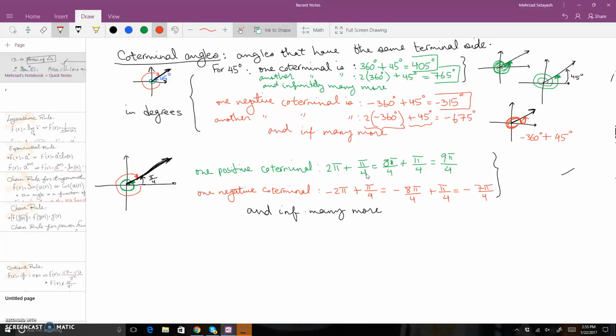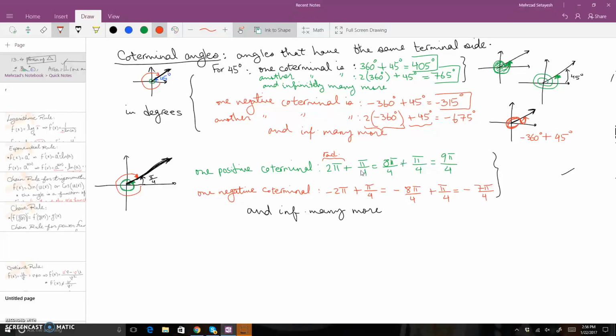The same holds for radians. Nobody says that you only find coterminal angles in degrees. You can have them in radians. For example, if the angle is pi over 4 radians, again sharing the terminal side, in green you see that I go one full revolution and then I add pi over 4, and one full revolution is 2 pi in radians, which is the same as 360 degrees.